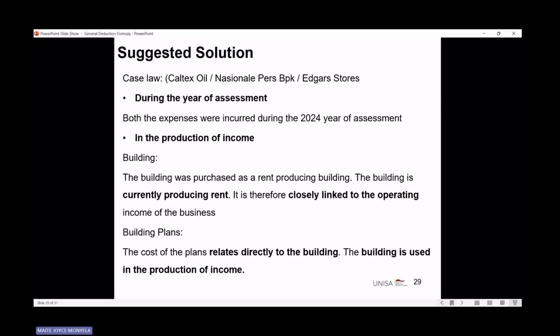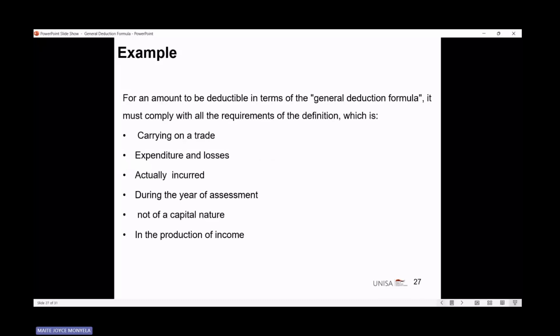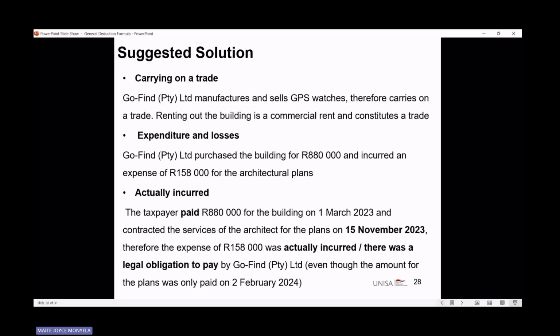So we have the introduction, which is the requirements in terms of section 11A of the Income Tax Act, and then the application, where I applied each of the requirements.